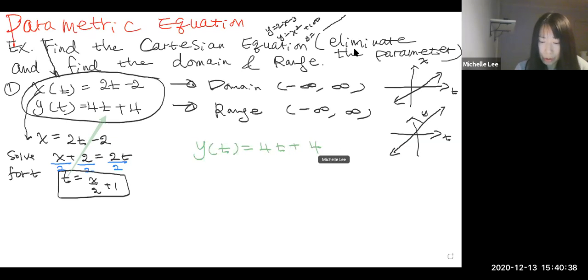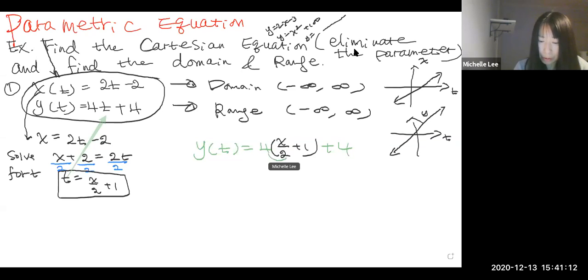So we substitute the t there: x over 2 plus 1. And don't forget the plus 4 there.